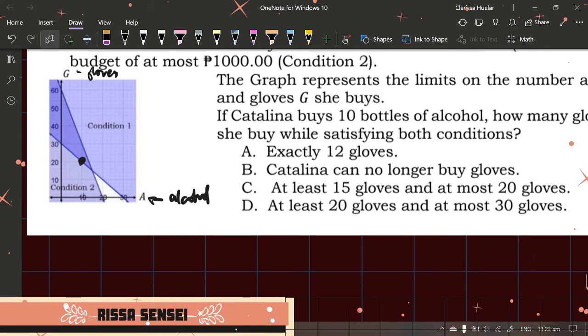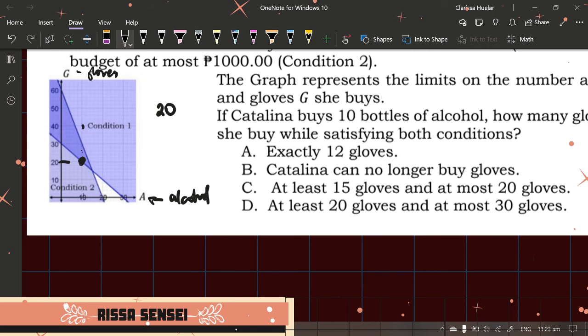So sabi, kung bumili si Catalina ng 10 bottles of alcohol, so ito yun, 10. Kung 10, tumapat siya sa 20. So, ang minimum number of gloves na pwede niyang mabili ay 20 lang. Included yung 20 kasi solid naman yung line. So, ang pinakamababa ay 20. Tapos, ano yung maximum?